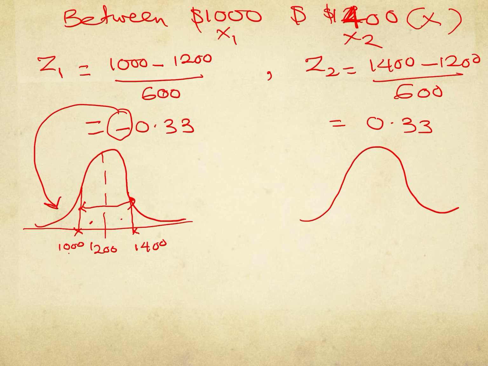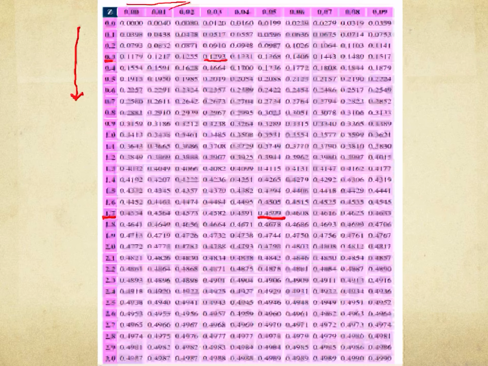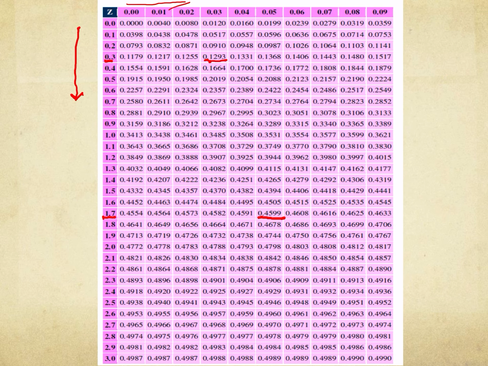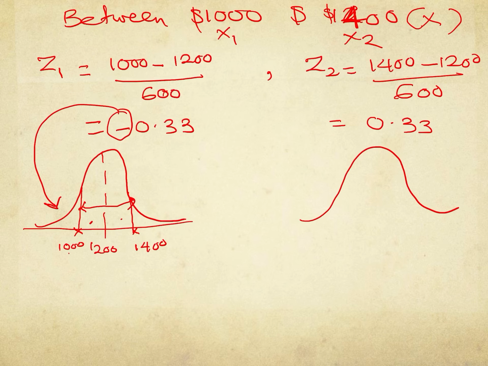So you see that as we move on, it will not be removed. There wouldn't be any subtraction. It's only showing us that it's on the negative side because it's less than 1,200. So if you were to go back to our chart again, for 0.33, it's going to be the same value, 0.1293.